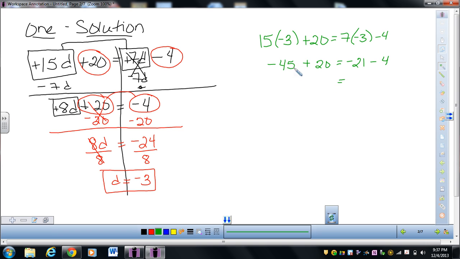Then I've got negative 45 plus 20, which is going to equal negative 25. And negative 21 and negative 4 equals negative 25. So I know that my answer of d equals negative 3 is correct.